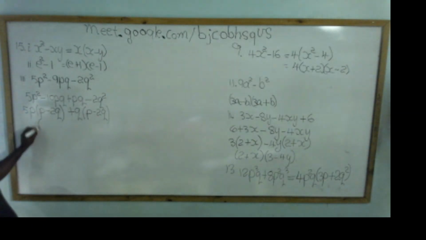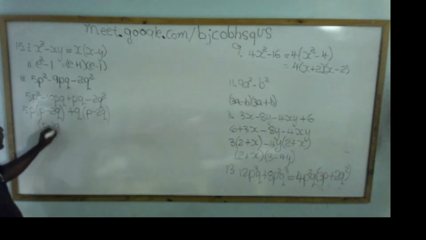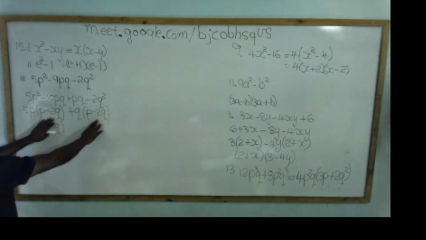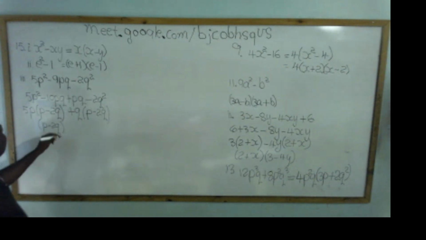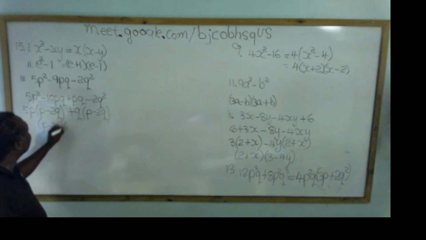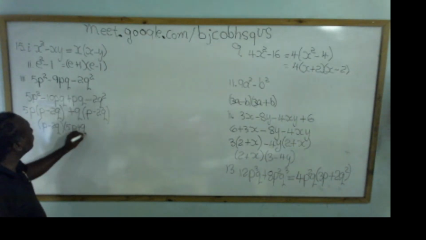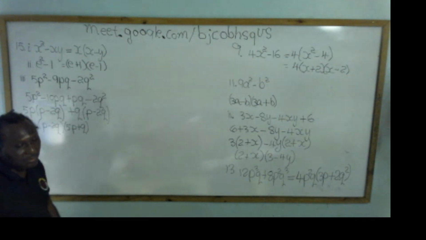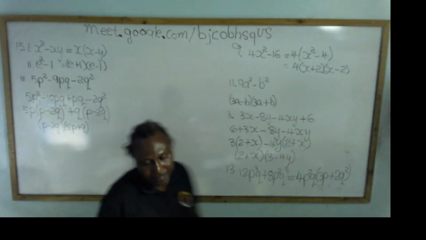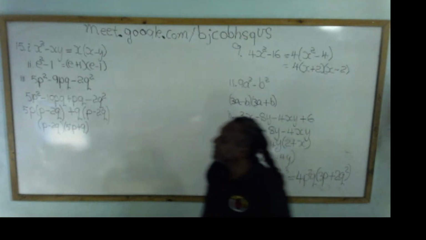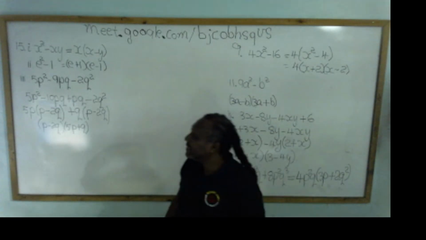Finally, common factor is p minus 2q, as you can see. And then what's left? 5p plus q. Nice. That's the end of number 15, G.